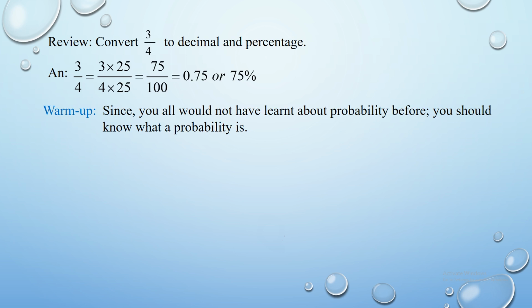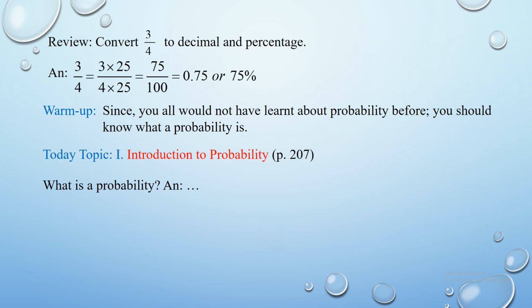Since you would not have learned about probability before, you should know what a probability is. So today's topic, point 1, Introduction to Probability, on page 207 in your textbook. So what is a probability? Before you give me an answer, just observe these statements.